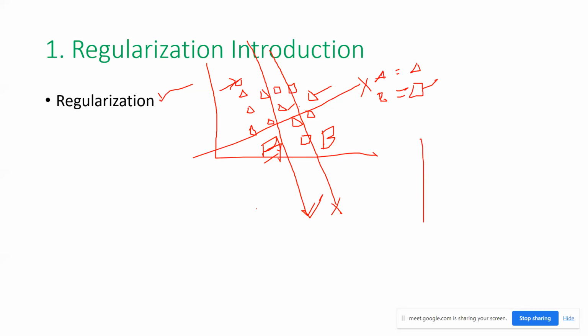But when we consider data points like this, now we have to classify with a curve. Okay, so when we are classifying like this, this is a line. Only one square, one delta is misclassified.